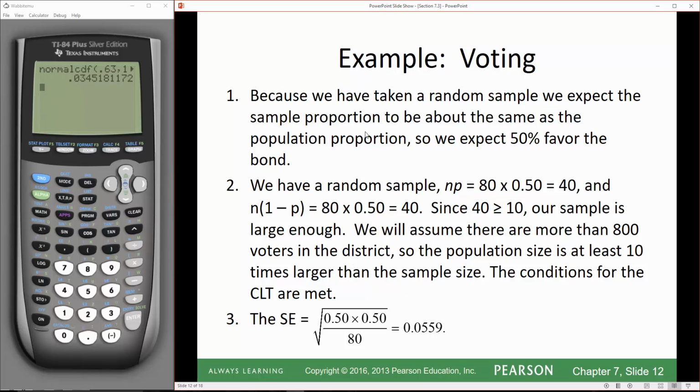Since we have a random sample, we're assuming that p and p hat are going to be similar. n times p equals 80 times 0.5, so we get 40. And n times 1 minus p, or n times q, we get 40 also. So since 40 is bigger than or equal to 10, our sample is large enough. We will assume that there are more than 800 voters in the district, which seems fair. So all the conditions are met.